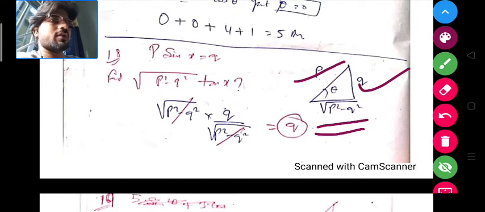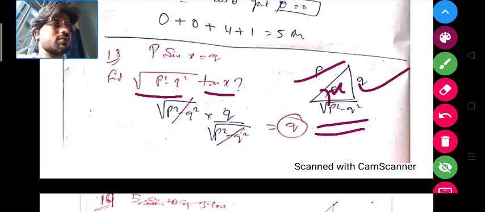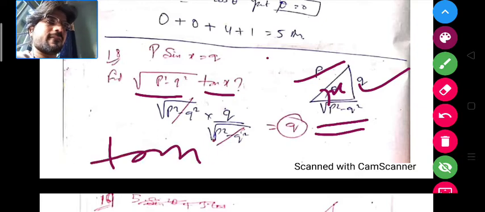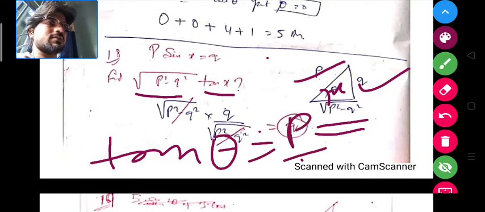So now you have to find the value of p square minus q square tan x. So for tan x, this is x, not theta, sorry. So p square minus q square tan x will be, the formula for tan theta or tan x is equal to perpendicular by base. Any value here as angle is theta, can be written as x also.